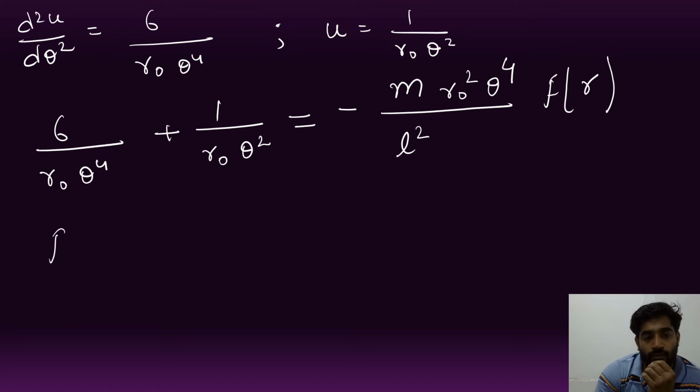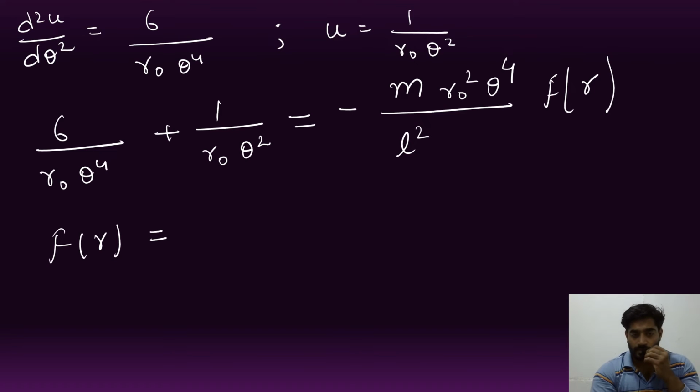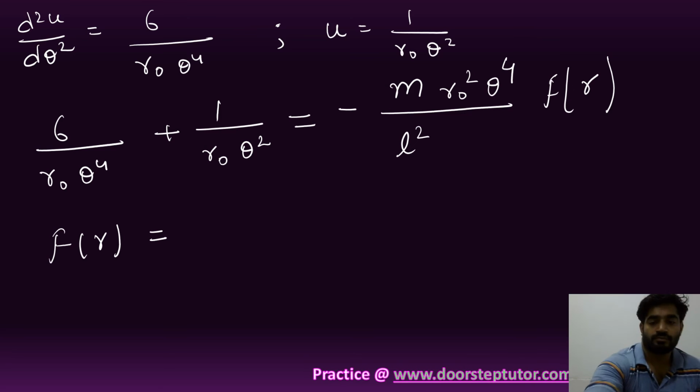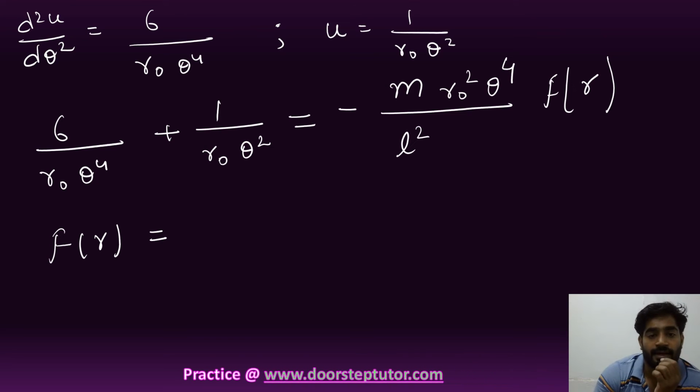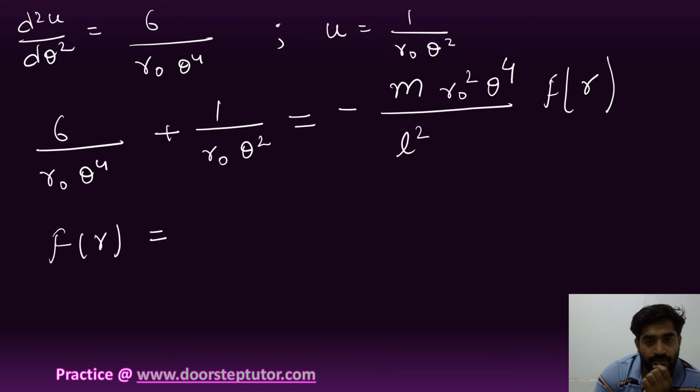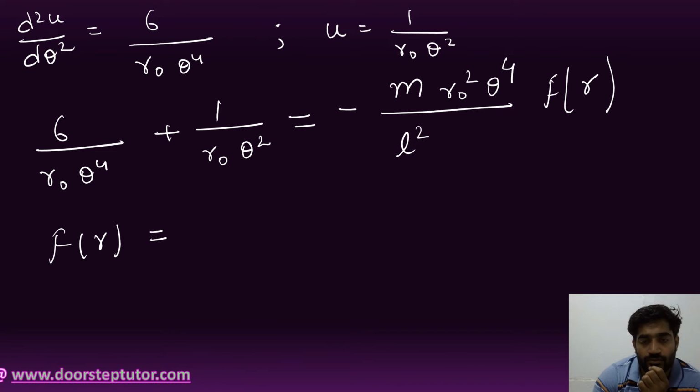Now I want to find f of r. What will be f of r from here? Just solve it and we will get the value. Multiply by l square and divide by minus m, with r naught square theta to the power 4.